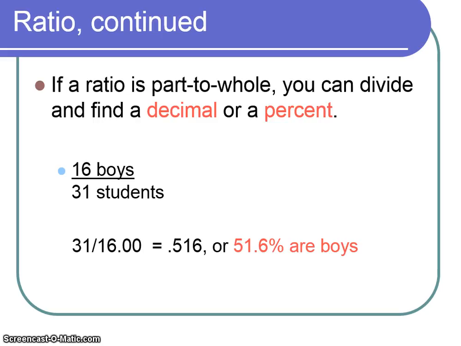Now, if a ratio is a part to whole, you can divide it and find a decimal or a percent. So if we have 31 students and 16 of them are boys, we can take 31 divided by 16, we'd have 0.15% are boys of our students. Okay?